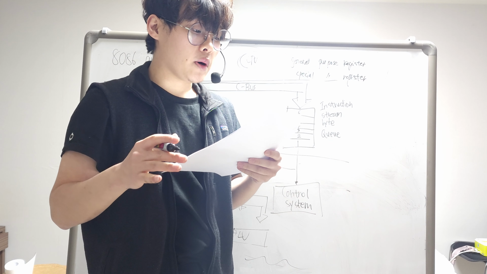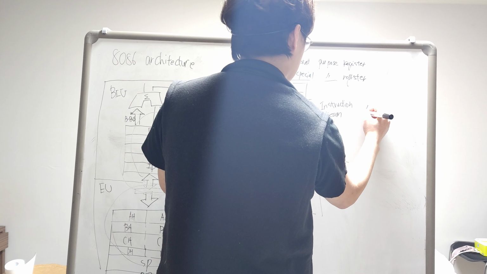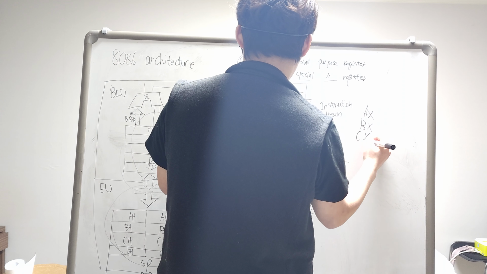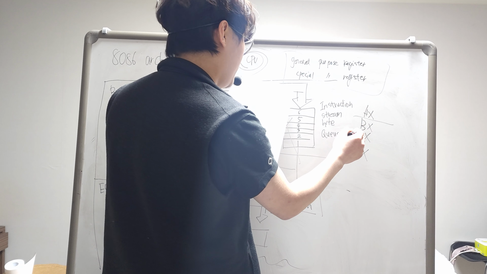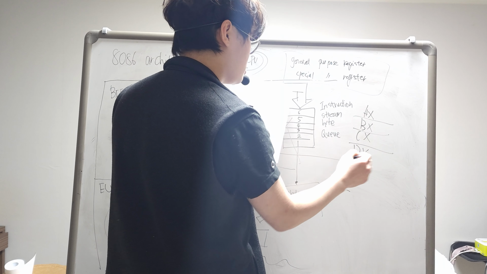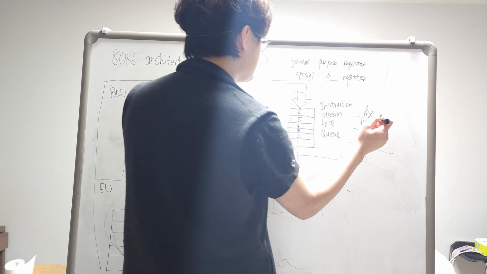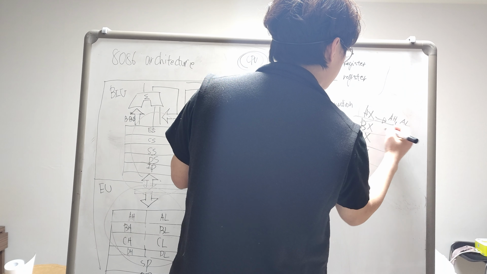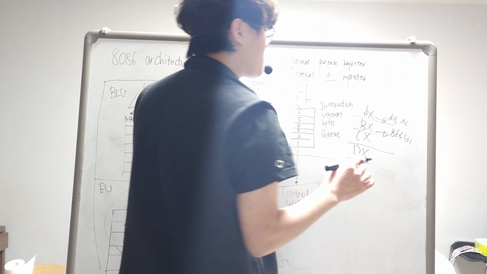The general purpose registers are known as AX, BX, CX, DX. They are the accumulator register, base register, count register, and data register. And this AX can be split into AH and AL, BH and BL.